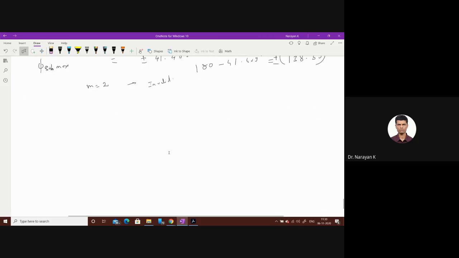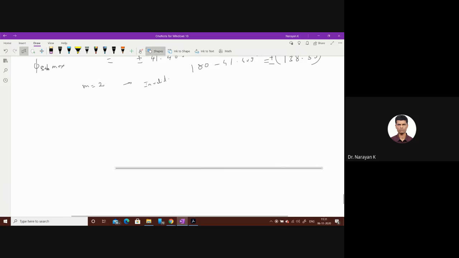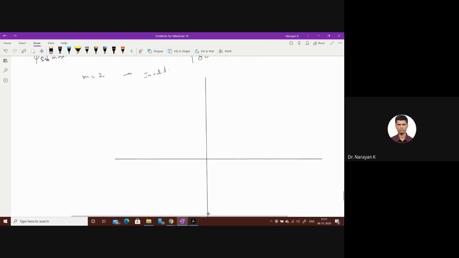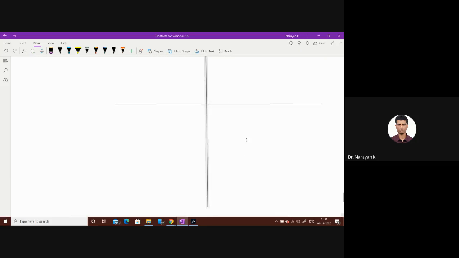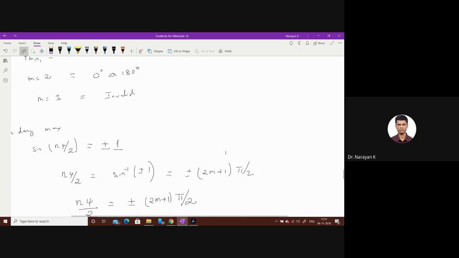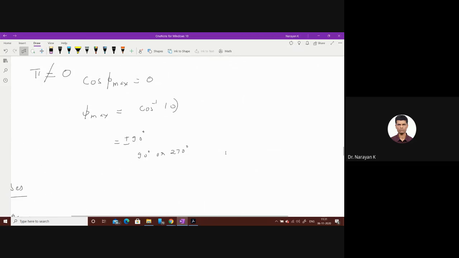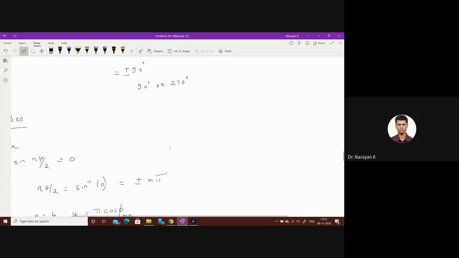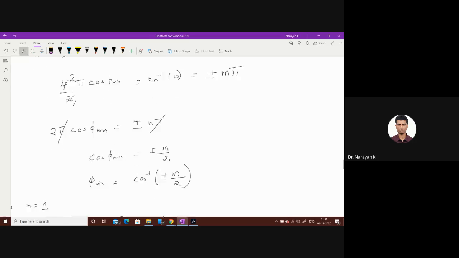Okay. Now how do you have to draw? First draw the axis. After drawing the axis, you have to draw first your 90 or 270 degrees. That is your maximum direction.